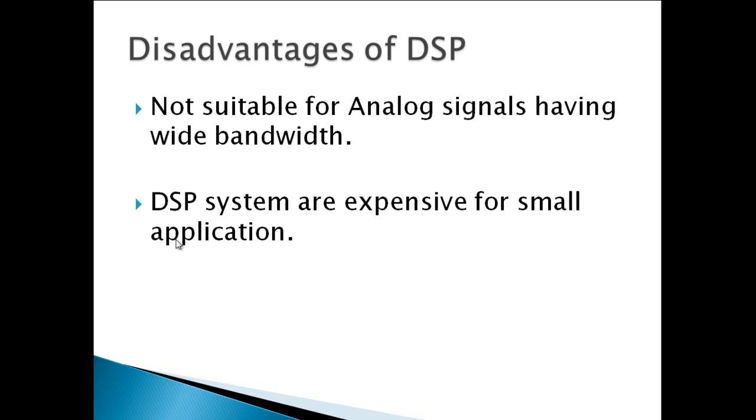When analog signals have wide bandwidth, then high-speed analog to digital converters are required, which convert an analog signal into a digital signal. Such high-speed analog to digital conversion is difficult to achieve for such signals. So for such applications, analog systems must be used.